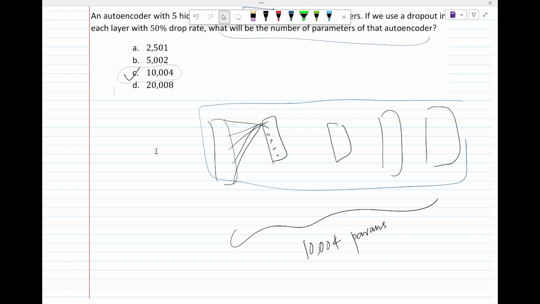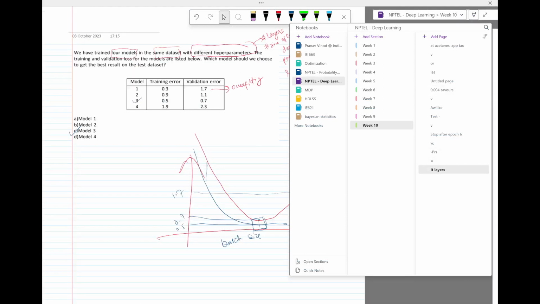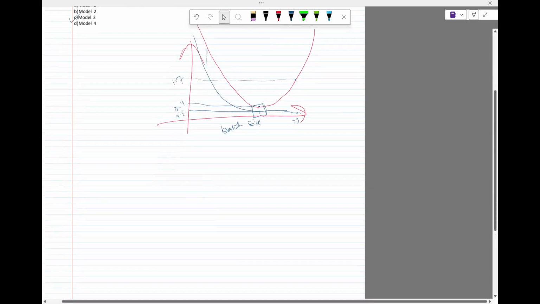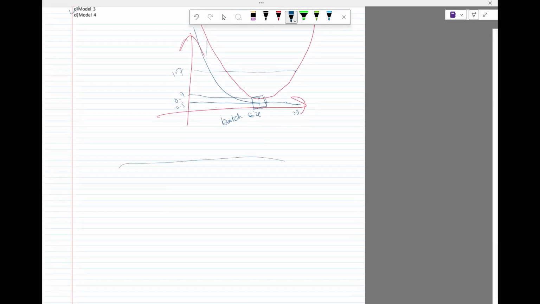Like in the last question, you trained four different models with different dropout rates in each of the models and you see which one gives the least validation error. But in most practical cases, what you have is a deep network with many layers.